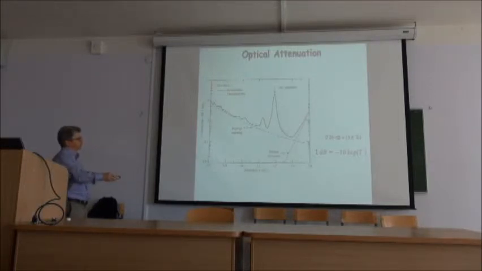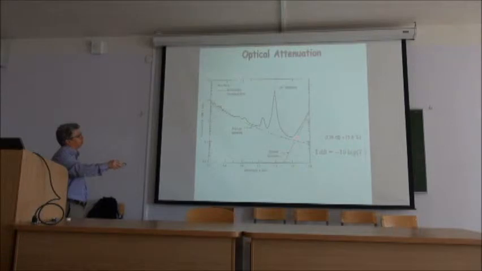For very short wavelengths, the attenuation is dominated by Rayleigh scattering. That's this blue curve, the theoretical limit that goes with wavelength to the fourth power.